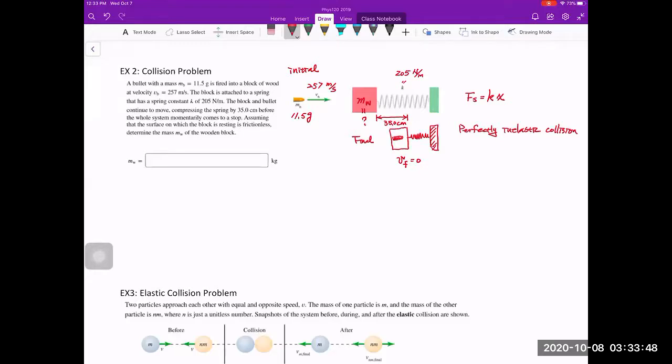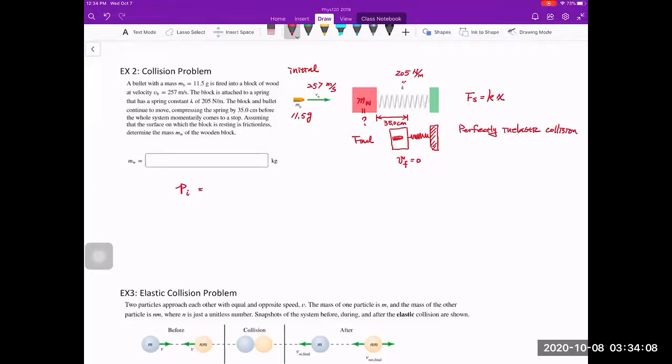So initially, only the bullet is moving and the block is not moving. So your p_i, and there's only one direction, so we don't need x and y components, so I just simply use the p_i to represent the x direction.